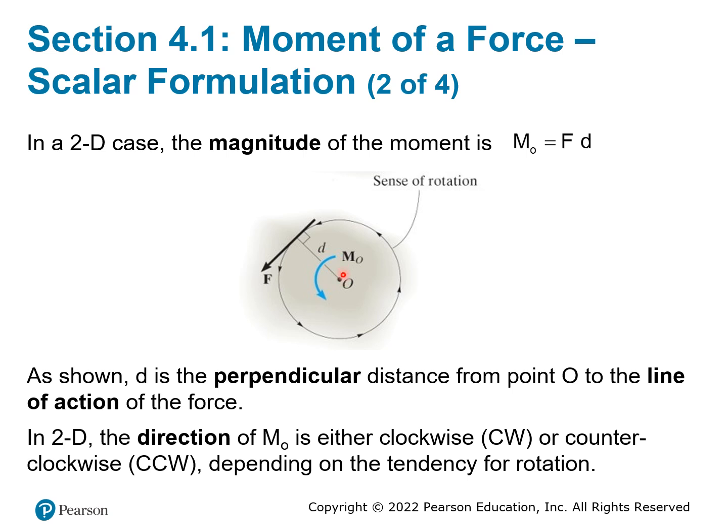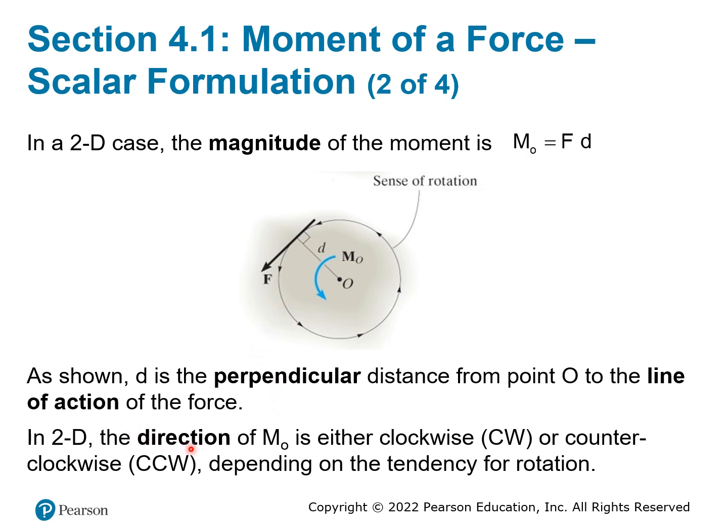It has a direction. In two dimensions, this direction is perpendicular to the plane of F and d. It is always perpendicular to F and d, so you can use your right hand rule to determine the direction. We're going to show you in the next slide, but just remember this moment is a vector.